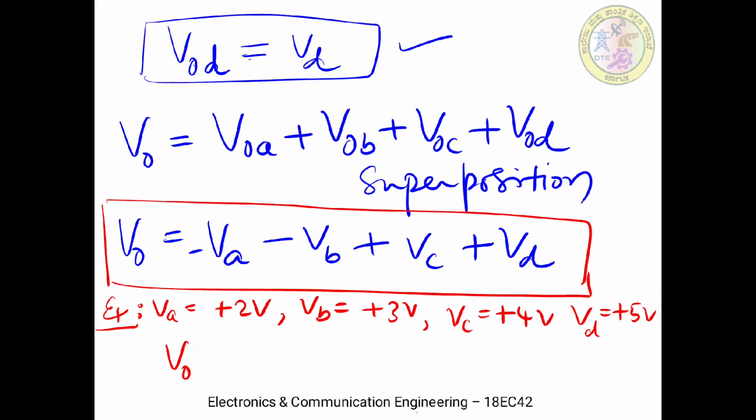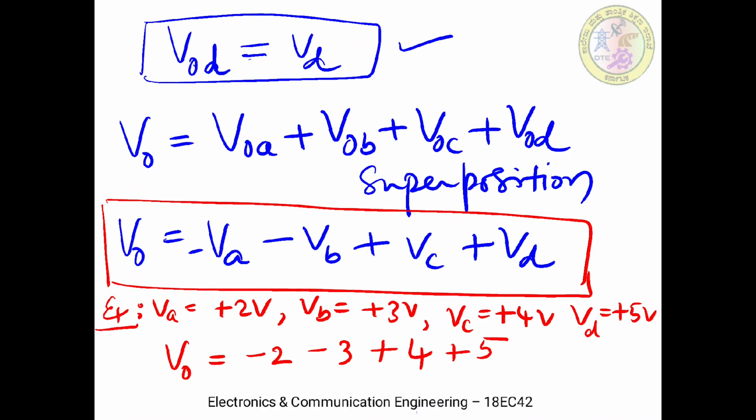So output voltage will be equal to, using this equation, minus VA. Now we have to take it as minus 2 volts, even though the given inputs are plus 2, plus 3, plus 4 and plus 5 volts. Final V0 will be equal to minus VA minus VB, so minus 2 minus 3 volts, plus VC as it is, therefore plus 4, and VD is also positive, plus 5 volts.